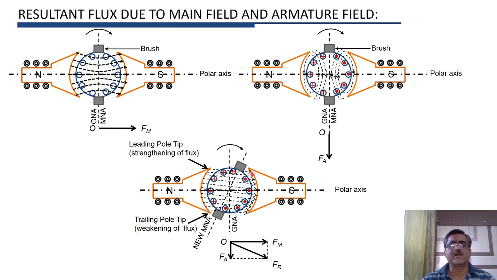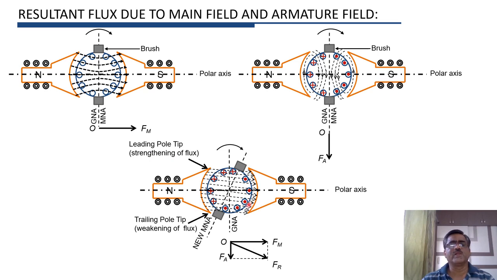So at trailing pole tips there is weakening of flux. So here the field will become weak, and here the field will become strong. So the effect of armature reaction is, in one half part of the pole the flux will become strong, and in the other half part of the pole the flux will become weak.